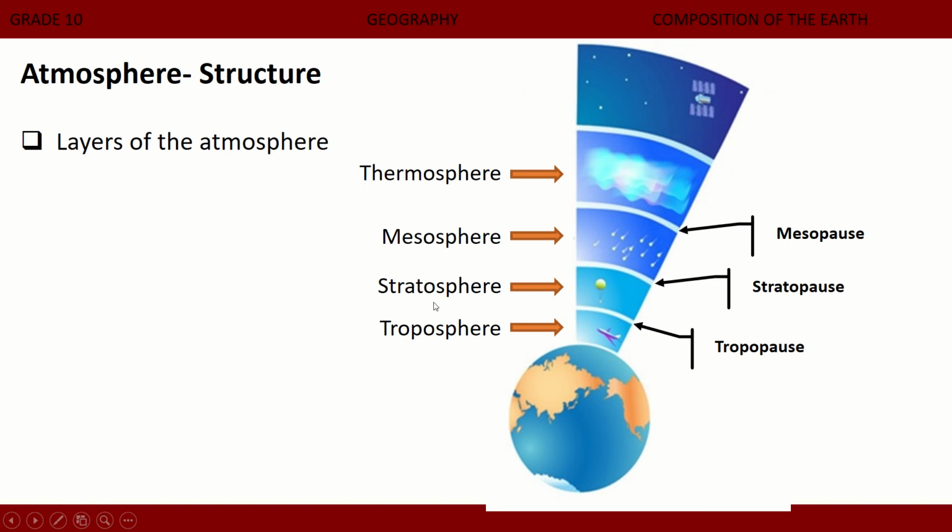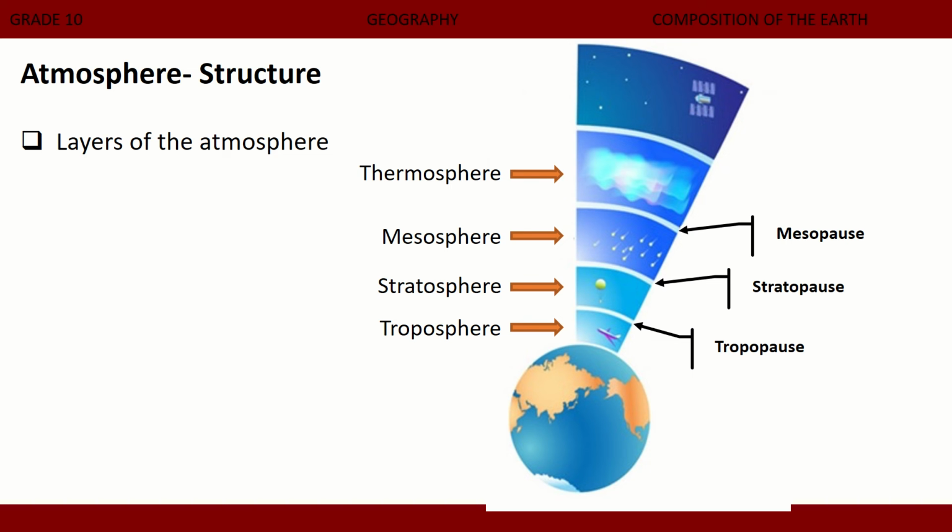Dear children, look at this picture. We can see a clear picture of the layers of the atmosphere. Troposphere is the closest layer to the surface of the earth, and then stratosphere, mesosphere and thermosphere are there. And there are several boundaries between these layers.